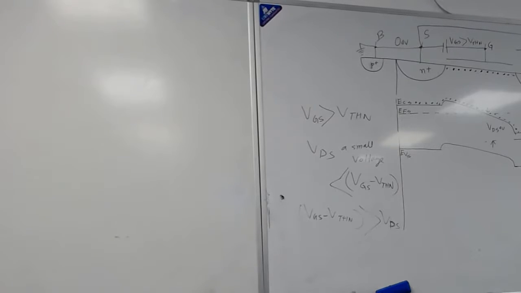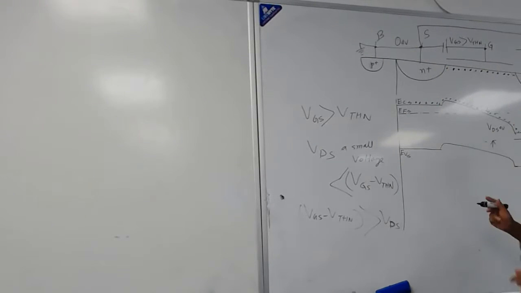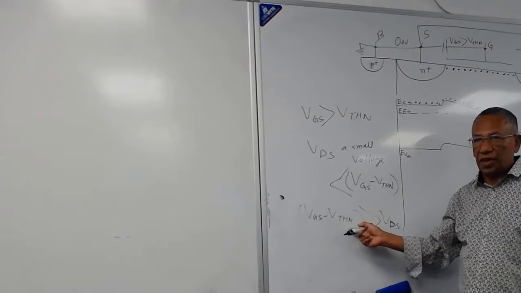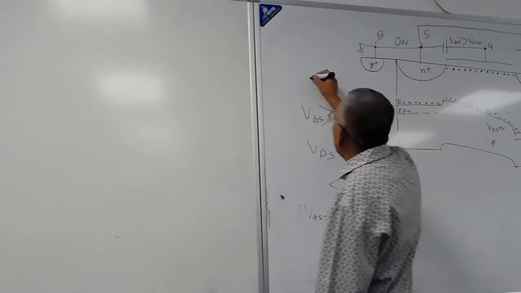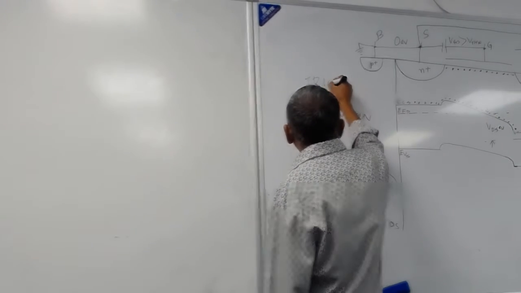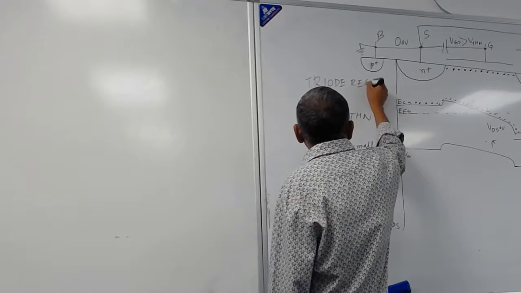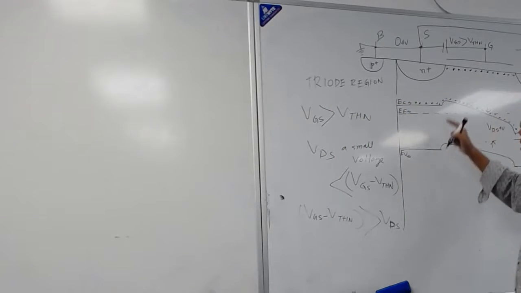Again here, if you apply a voltage between drain and source which is smaller than VGS minus VTHN, then it will still be in the triode region, although you have a small current flowing.